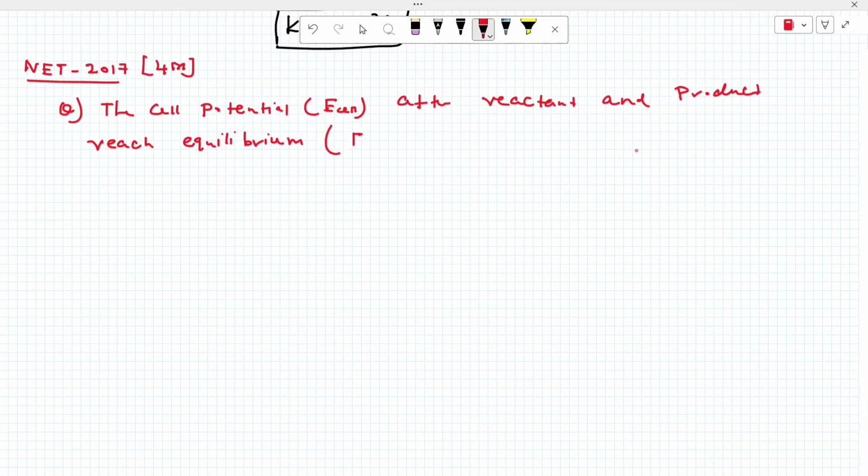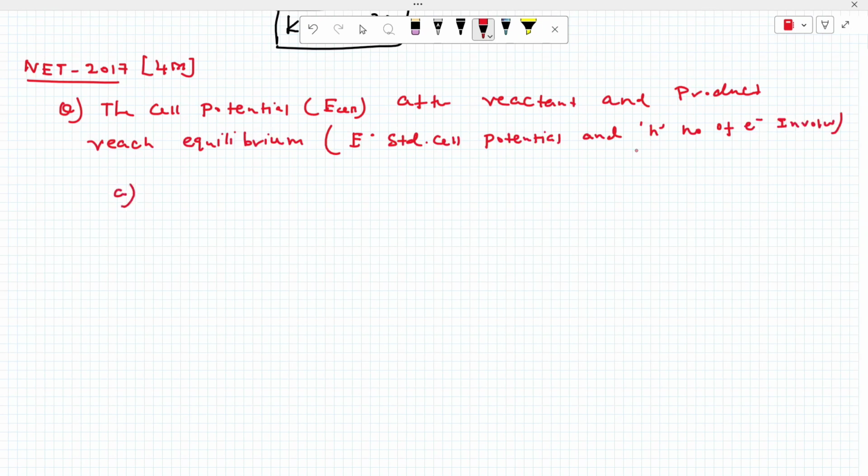where E naught is the standard cell potential and N is the number of electrons involved.